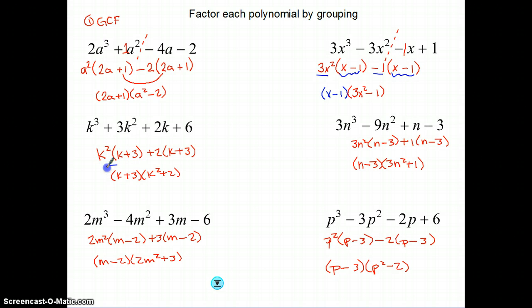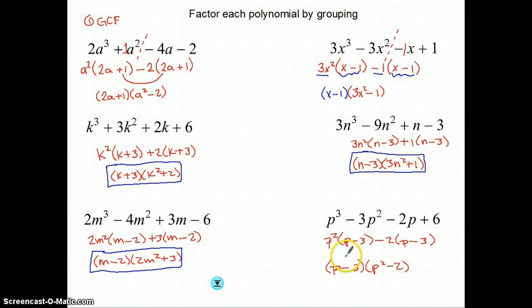From the first, you should have k plus 3 in your first parentheses and k squared plus 2 in the second. Next, you should have n minus 3 in the first with 3n squared plus 1 in the second. For this third on the bottom left, you should have m minus 2 in the first with 2m squared plus 3 in the second. And last, you should have p minus 3 in the first with p squared minus 2 in the second.